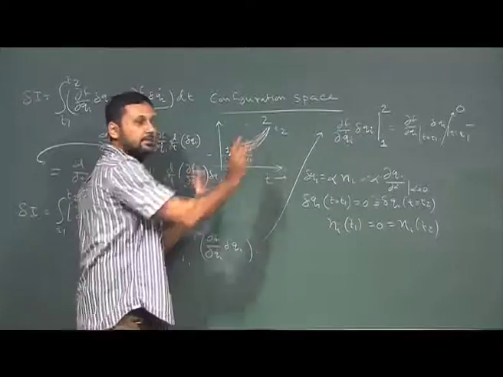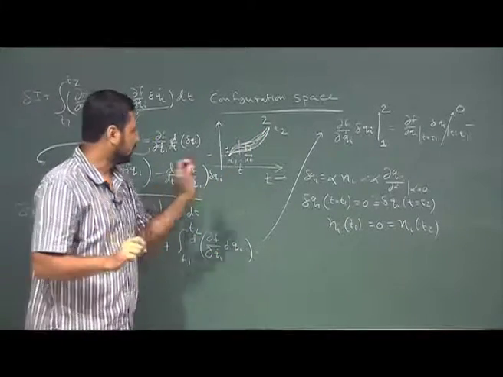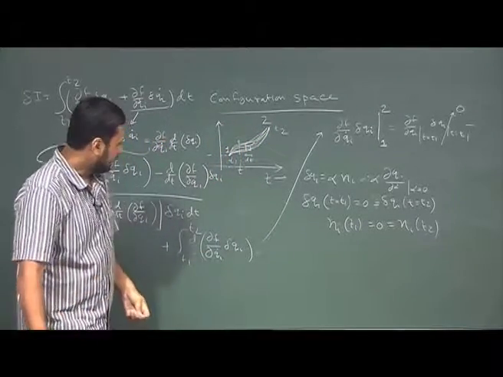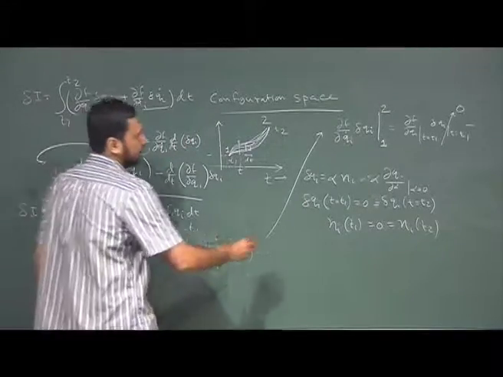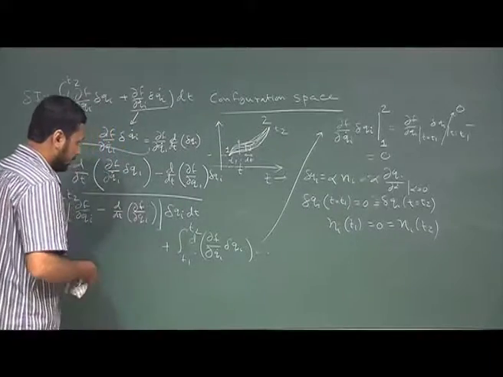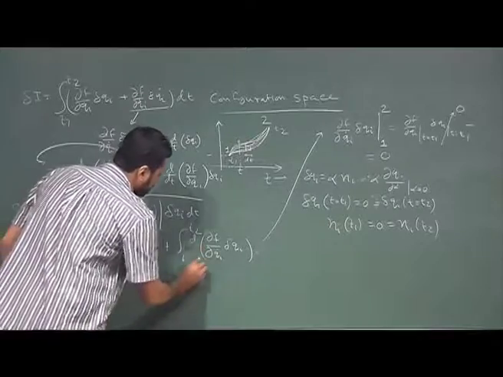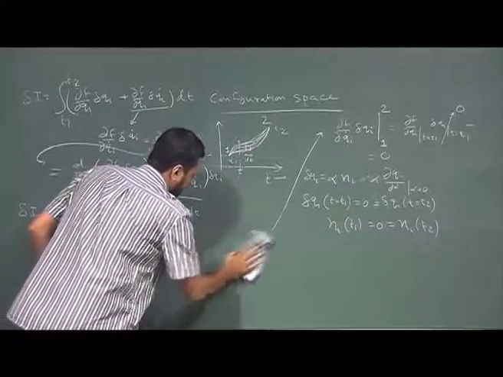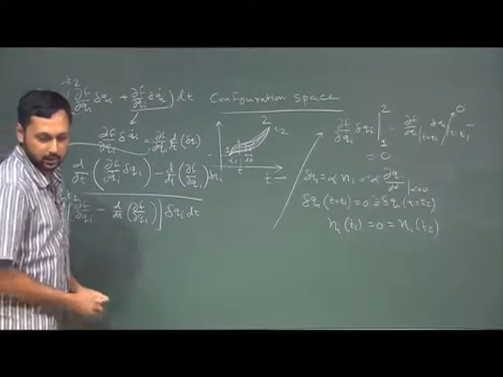If the fixed points are varying, it makes no sense. So, the fixed points are fixed. Okay. So, we have variation in between, at the fixed point this will vanish. Now, if this is 0, this integration is identically equal to 0, right. So, we can get rid of this one and we are left with this, right.